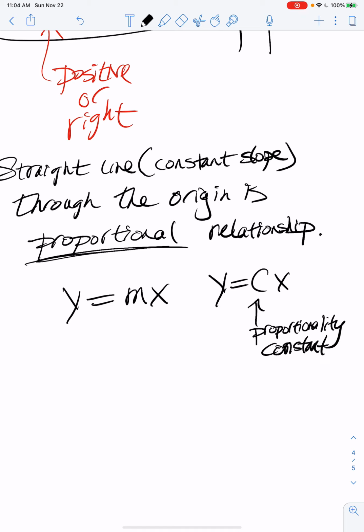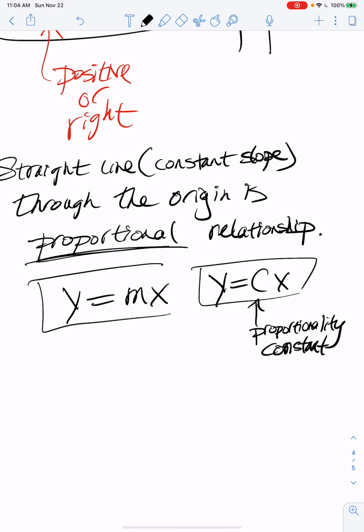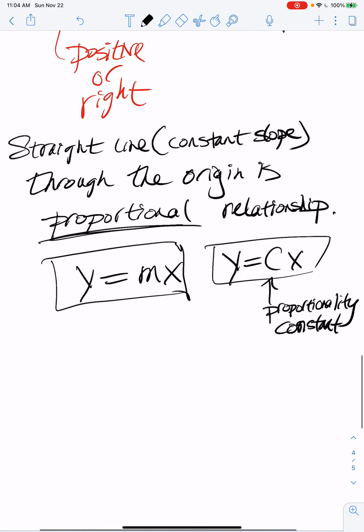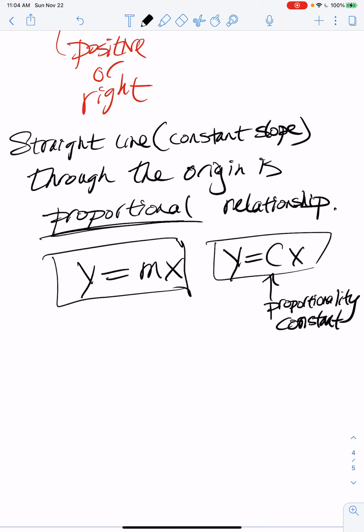So things that have this proportional relationship, y equals cx, can also be written in the form of y equals mx, because we know that b is equal to 0, right? Y-intercept.